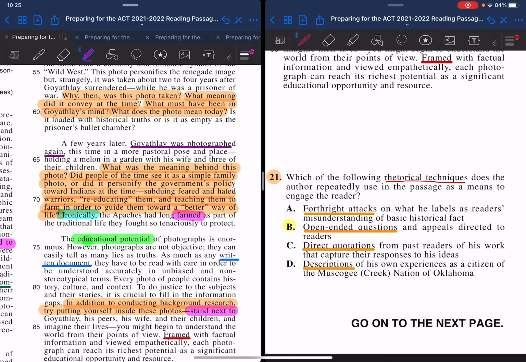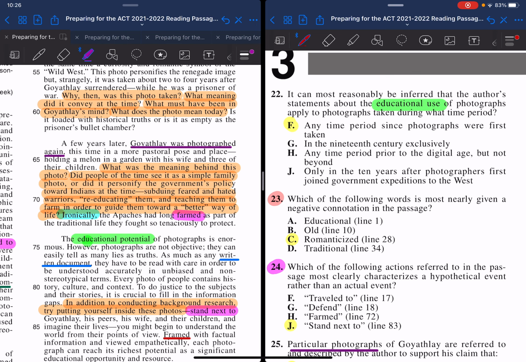And if you can lock onto that phrase and find it, you're probably going to find the answer a lot quicker. Now, they don't say educational use. It says educational potential. So perhaps it's not the phrase educational use, but just educational. It says the educational potential of photographs is enormous.